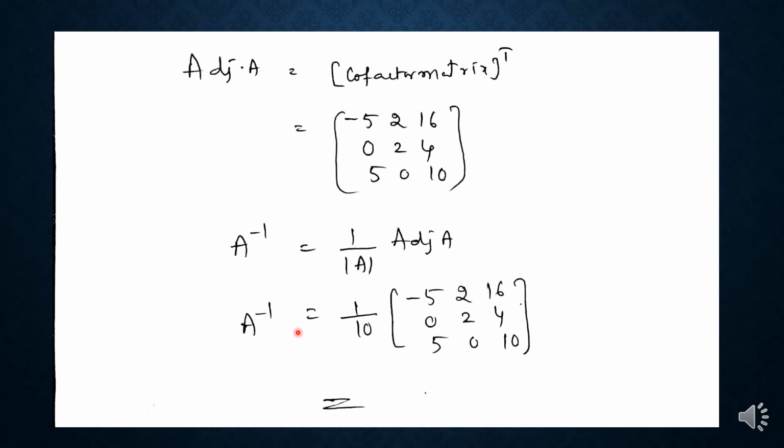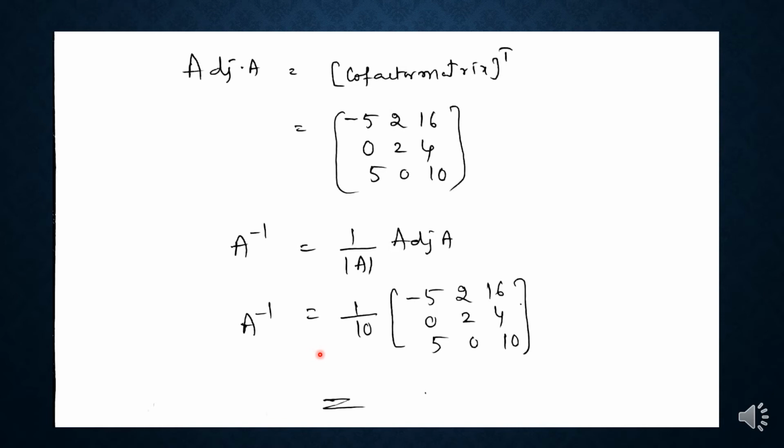So what is the procedure to find the inverse of a matrix for the given matrix? So at first we should calculate the determinant of the given matrix. Det A, if it is not equal to 0, then only its inverse exists.